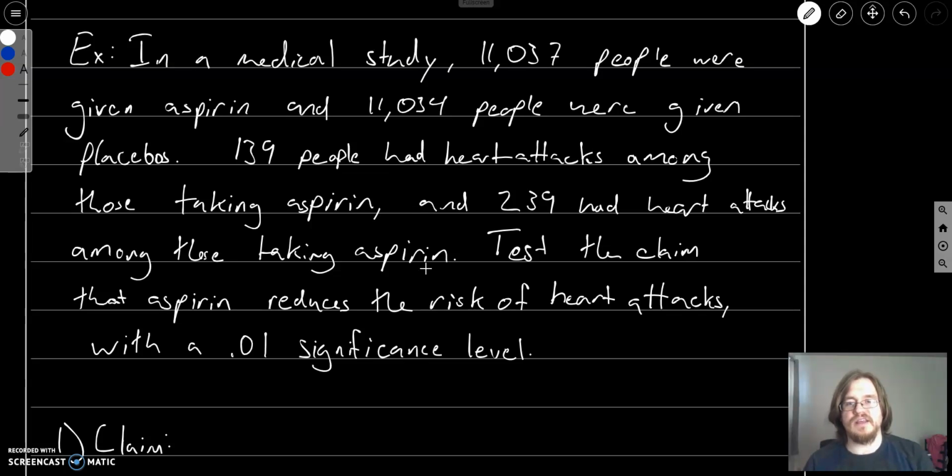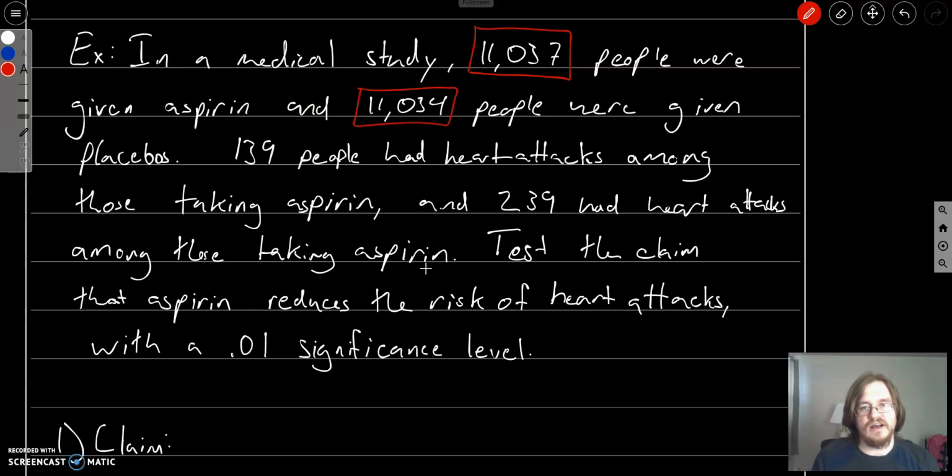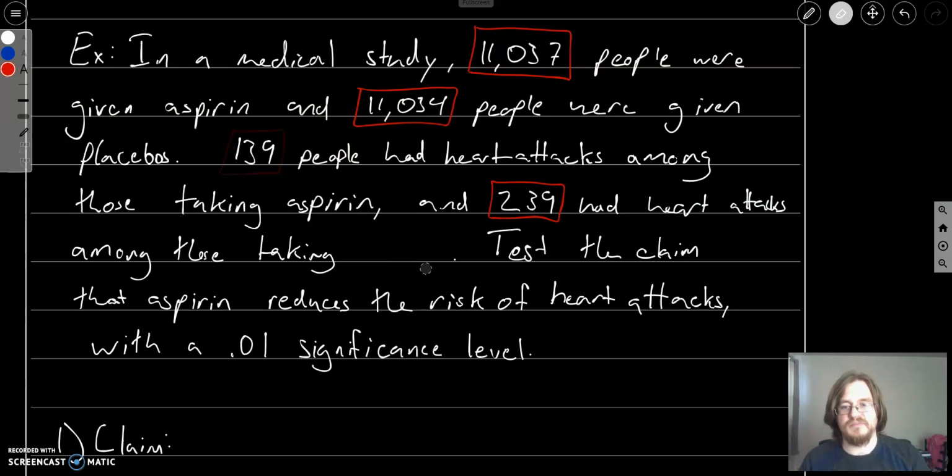So in a medical study, 11,037 people were given aspirin, and 11,034 people were given placebos. During the study, they found that 139 people had heart attacks amongst those who were given aspirin, and 239 people had heart attacks amongst those taking placebos.